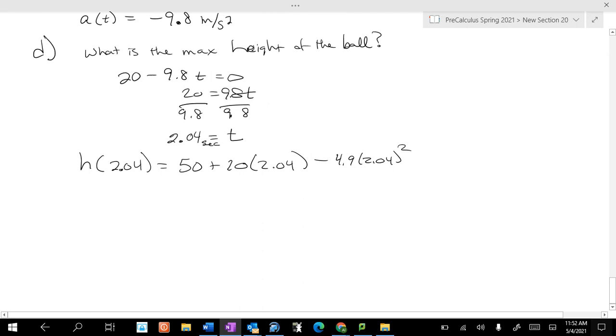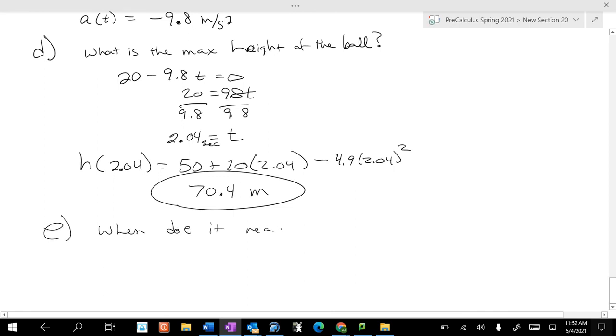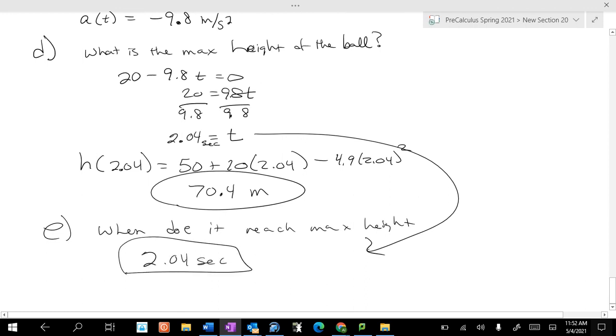I got 70.4. I'll trust you. 70.4 meters. The next one will say, when does it reach the max height? Well, that's just this answer. So 2.04 seconds. I just had them in the wrong order on the test, but yeah.